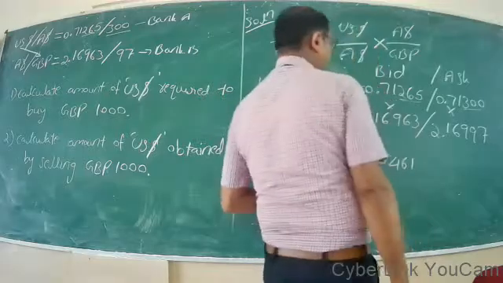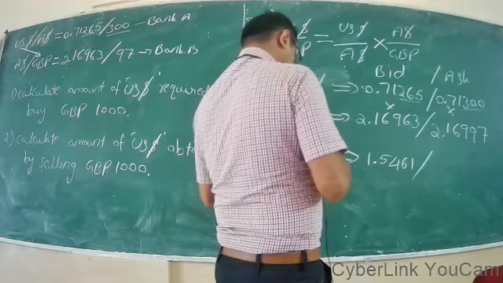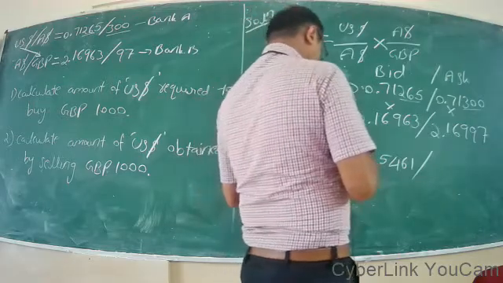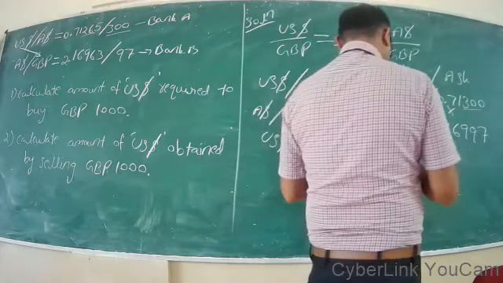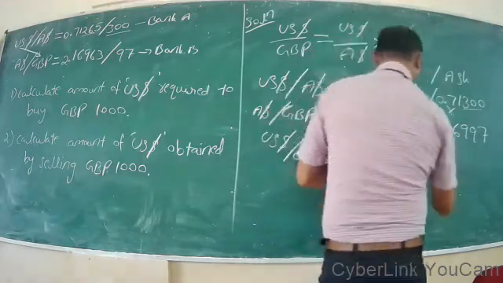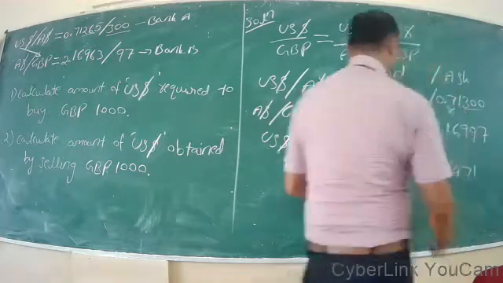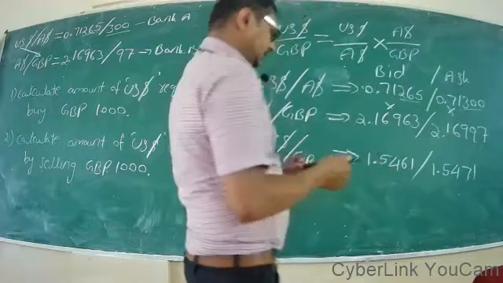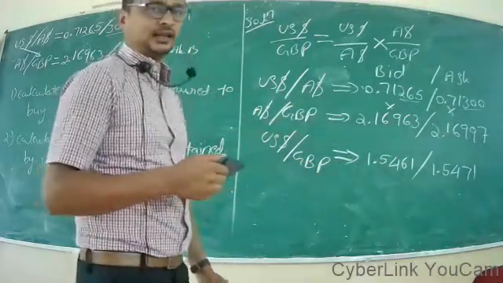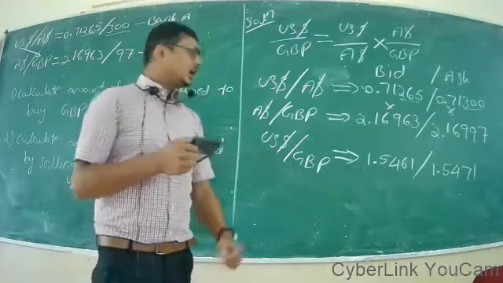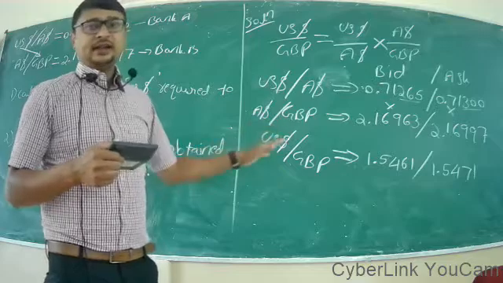I am taking 4 digits as pips here. And 0.71300 multiplied by 2.16997 is 1.5471. Right? So 1.5461 is the bid price and 1.5471 is the ask price. That is the quotation we derived. We have derived the cross rate between US dollar and pound.